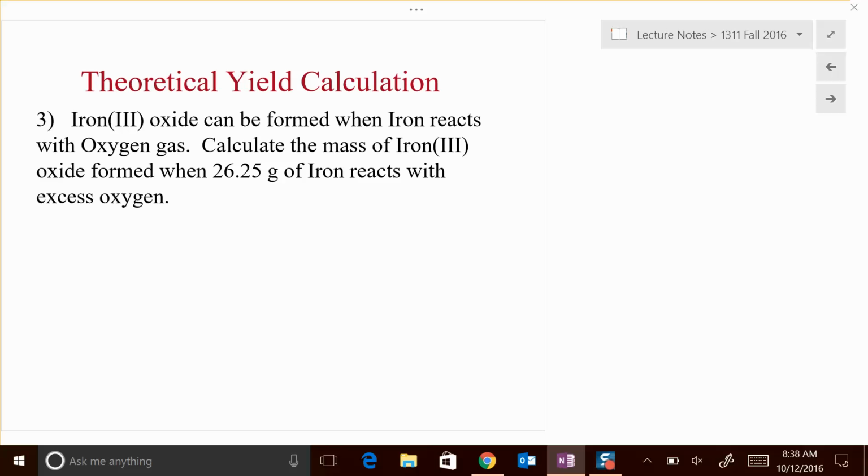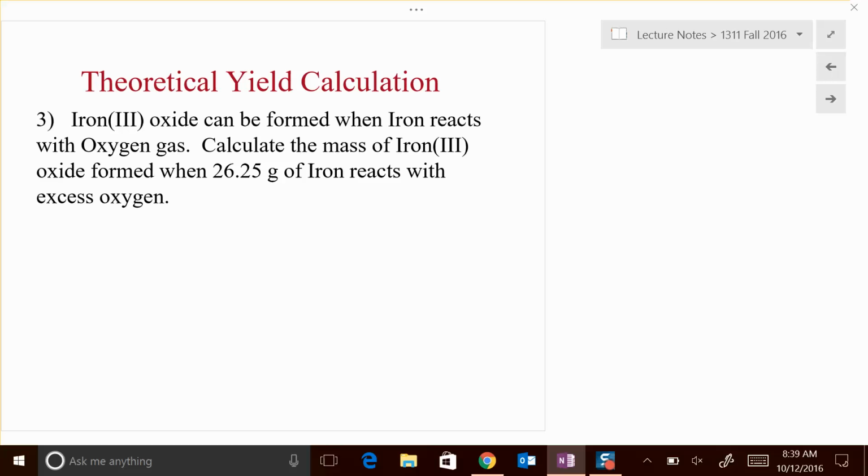Calculate the mass of iron 3 oxide. Now let me make one comment. This has a 3 plus charge, and the oxygen is 2 minus. We can't break oxygen up, so it's not O2 3.